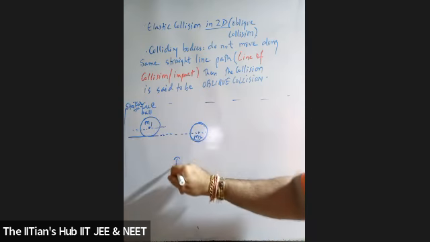Now, if I say that m1 is moving with a speed u1, students, and if I say m2 is initially at rest.